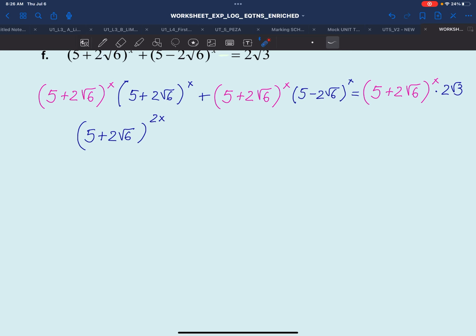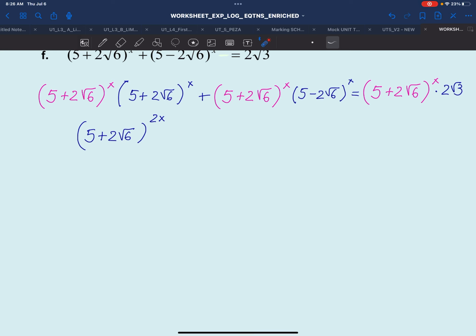Now, let's take a look at the second term. Here we have the same power, and I'm going to bring in one of the exponent properties. If you have a to the power of x and you multiply it by b to the power of x, since the powers are the same, then you can say that's (ab) to the power of x. It's actually easier if you say it this way: (a times b) to the power of x, the power applies to both. So that's how you get a to the x, b to the x.